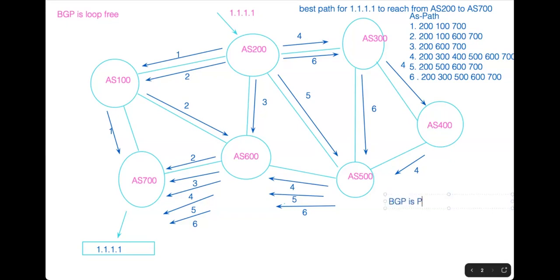BGP is a path vector protocol. Hence, the shortest and best path will be the one with fewer AS numbers.